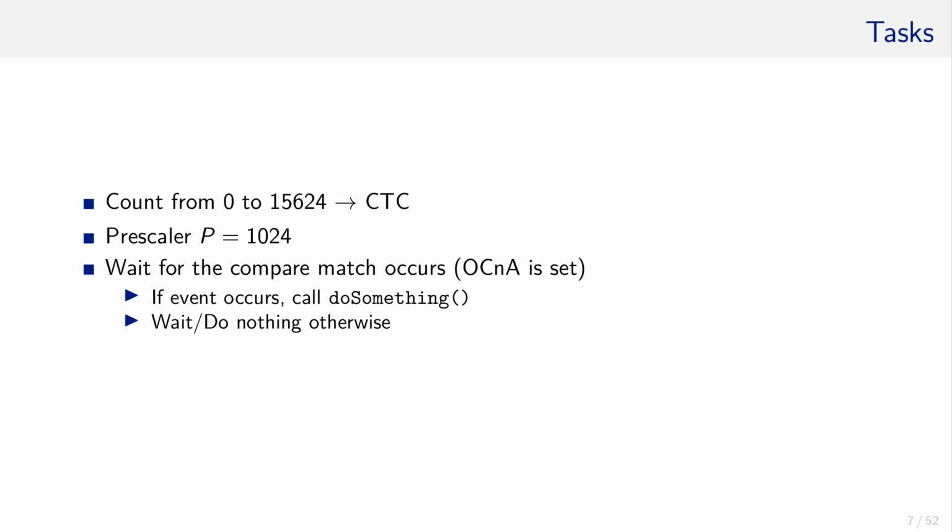To count to 1 second with a prescaler of 1024, the OCnA needs to be set to 15,624. Then we wait till the OCnA signal goes up, since TCNT matches OCnA, and execute the doSomething function.